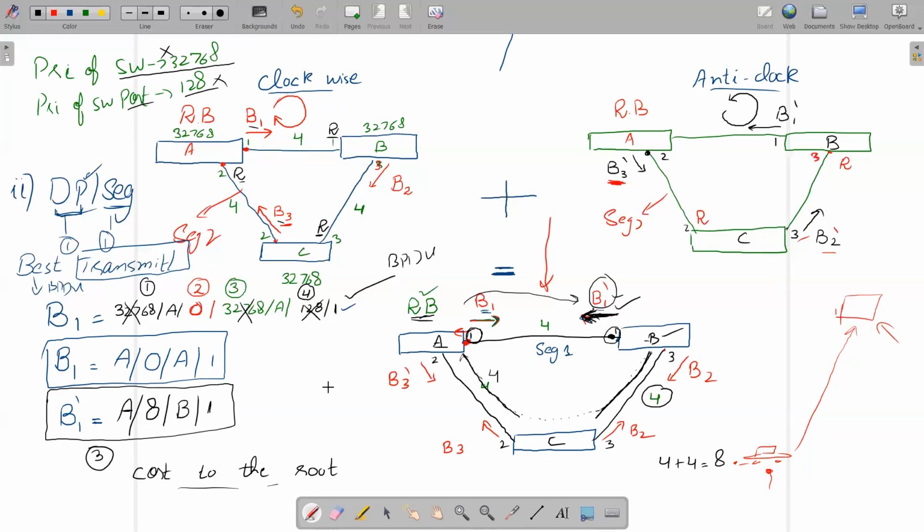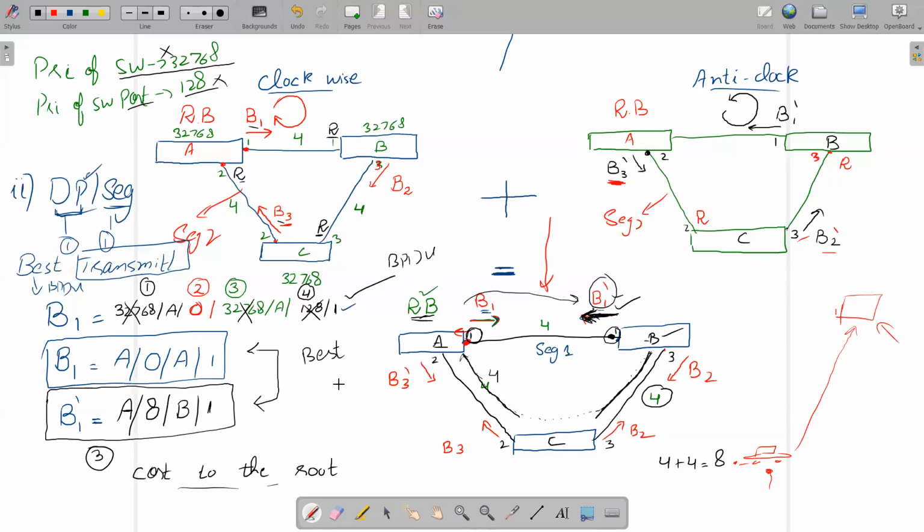Now, you have to compare both BPDUs and figure out which one is superior and which one is inferior, which one is the best and which one is the worst. So how will you figure it out? Tell me, who will win the election, B1 or B1 dash? B1 will be the designated root. Okay.